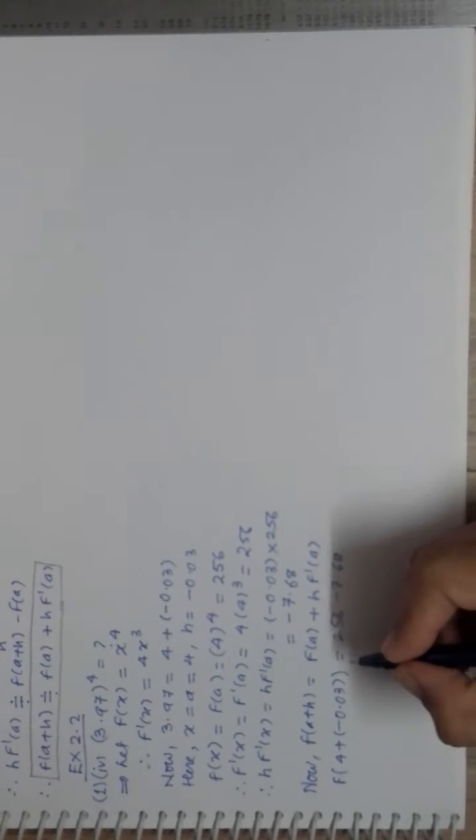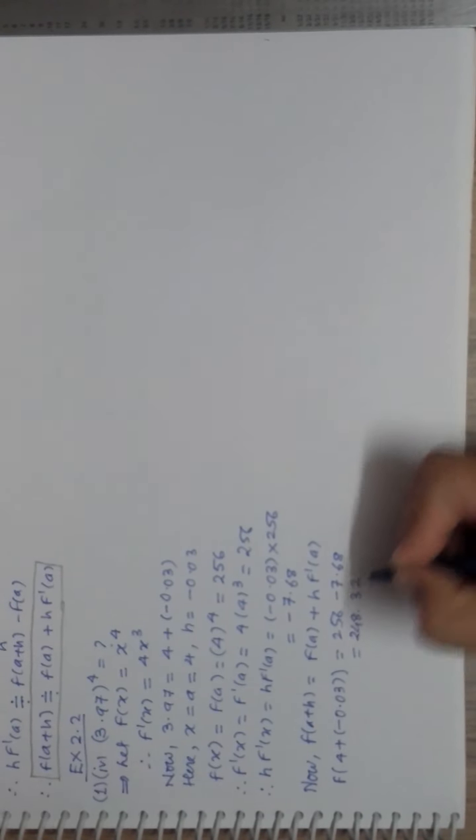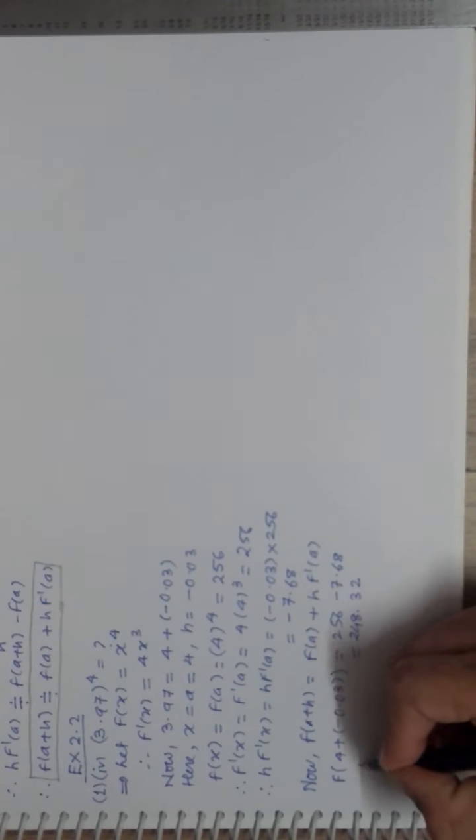Function of a you have found out already, that is function of x, 256, and h into f dash x or f dash a is minus 7.68. So this will give you the result as 248.32.